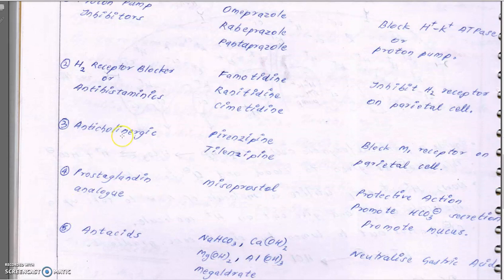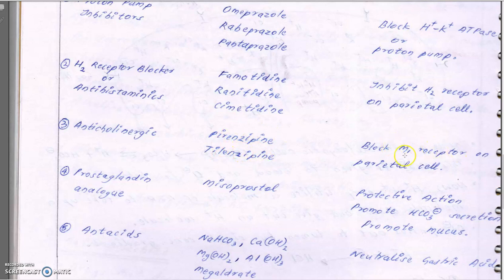So the anticholinergics. The cholinergic system is the main system promoting HCl secretion. Whenever we are giving anticholinergic drugs, they will be lessening the quality and the quantity of HCl produced. The main drugs are pirenzepine and telenzepine. Why are these drugs discussed? Because they also have an antibacterial or antimicrobial action.